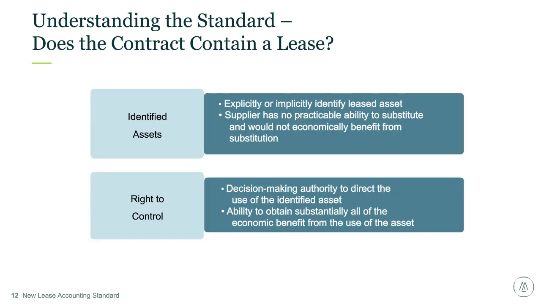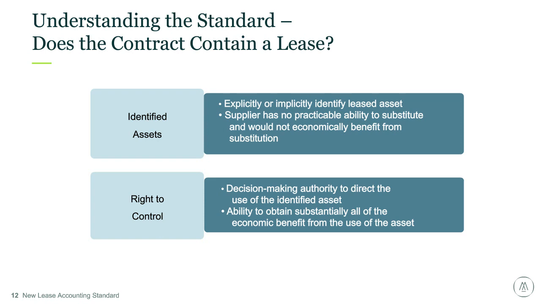Let's start with the concept of an identified asset. Under ASC 842, this definition requires these to be explicitly or implicitly identified within an arrangement with no ability to substitute that asset. Under this concept, it would not be considered a lease if there is a substantive right to substitute should both of the following exist.